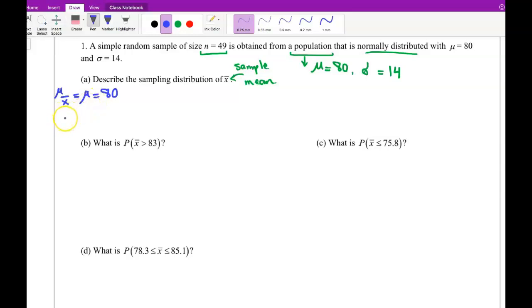Then we have the standard deviation of the sample mean. That is equal to the population standard deviation divided by the square root of the sample size n. So the standard deviation here is 14 divided by the square root of 49, the sample size.